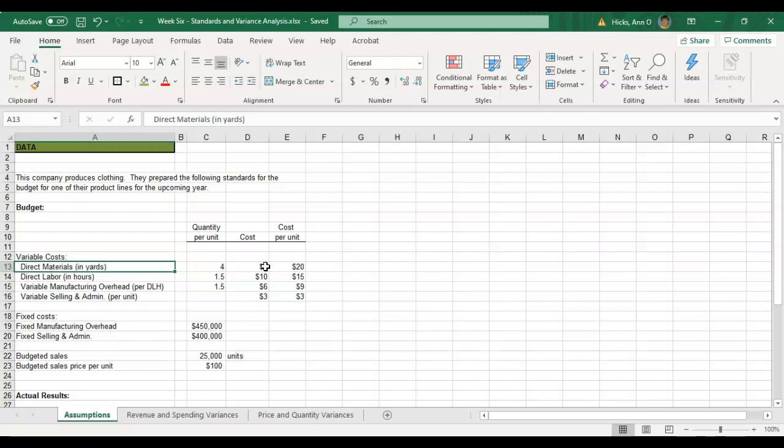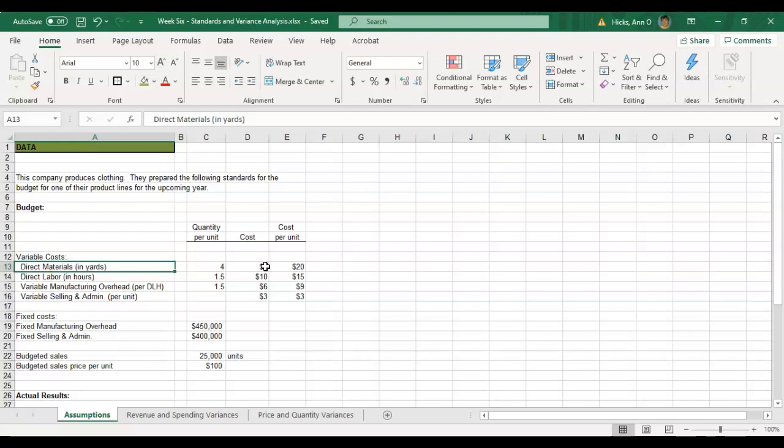So, for example, if we are off budget in our direct material costs, that may be because we paid a different price for our direct materials than we had intended to, or because we used a different quantity of direct materials in the product that we were manufacturing than we had planned.